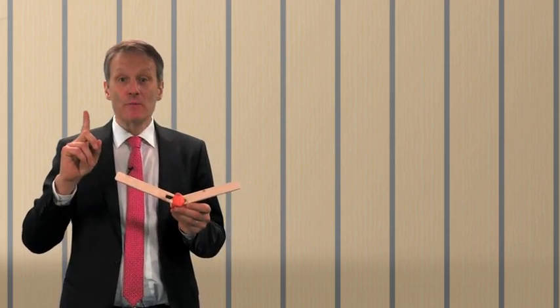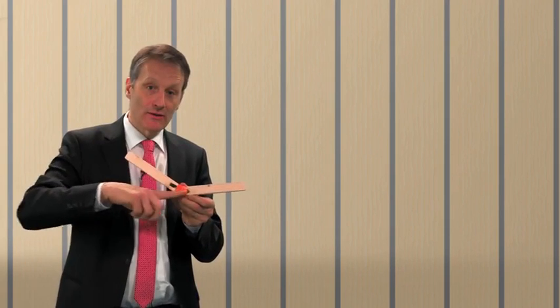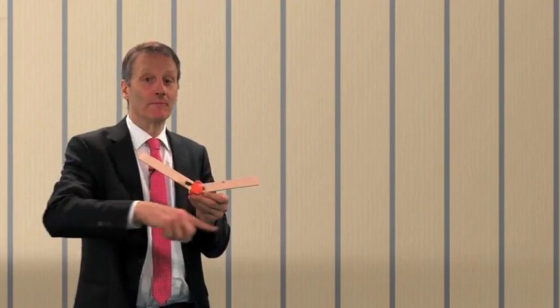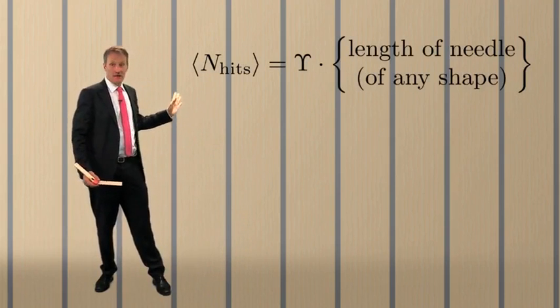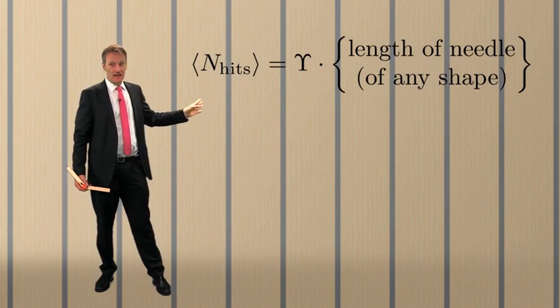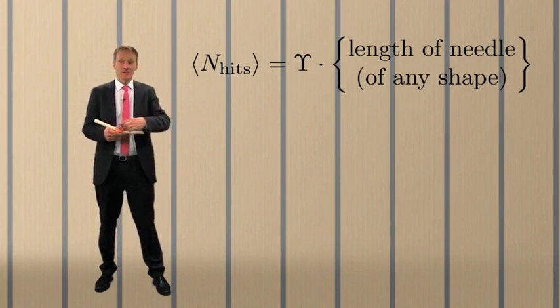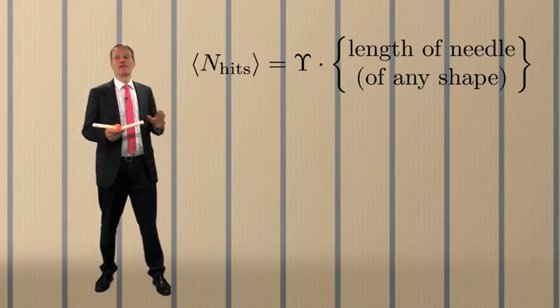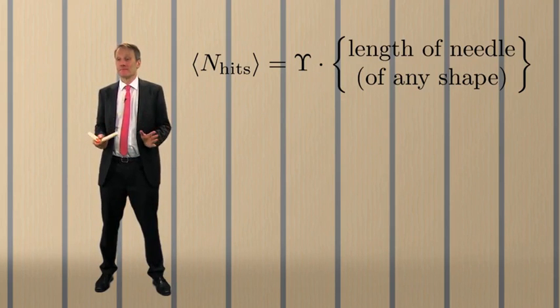And this remains true even if the needle itself was not just the joint of two straight needles, but even if it was a curved needle. So we find the very strong generalization that the mean number of hits is equal to upsilon times the length of the needle, independent of the shape of the needle.